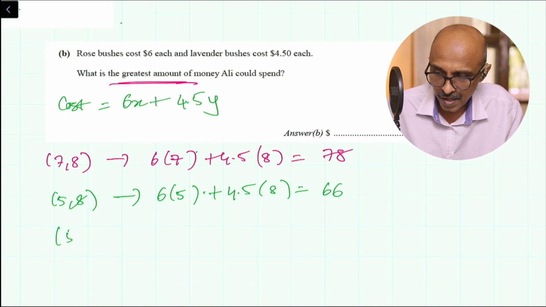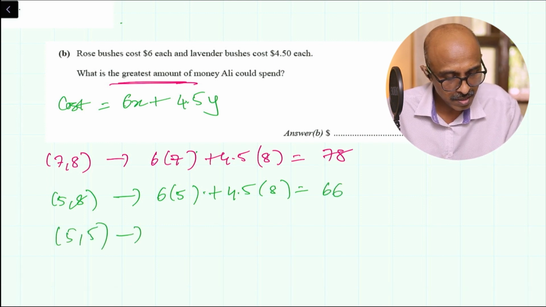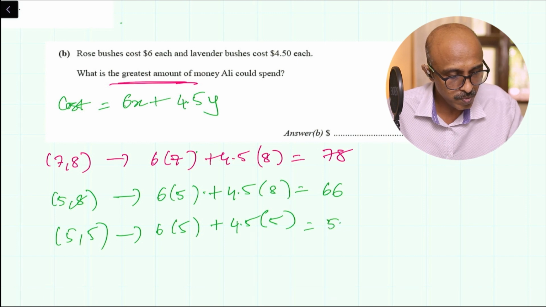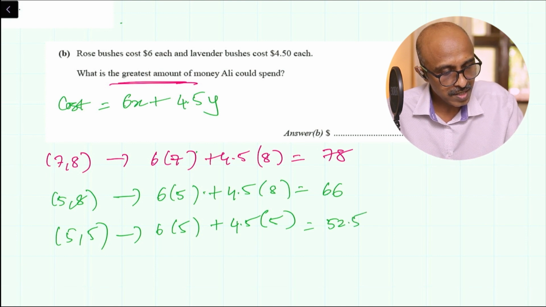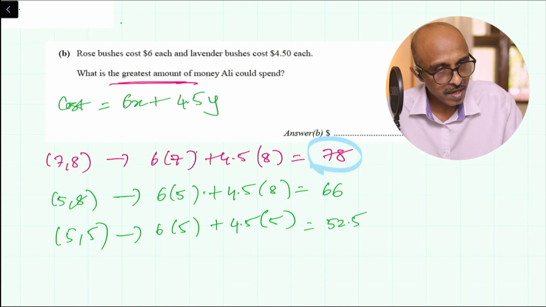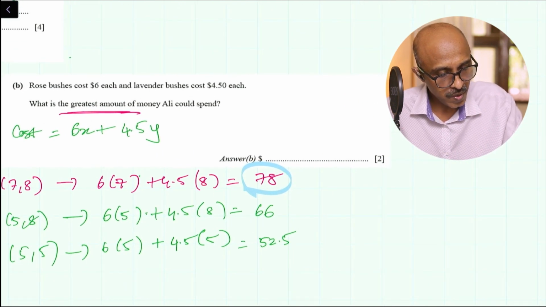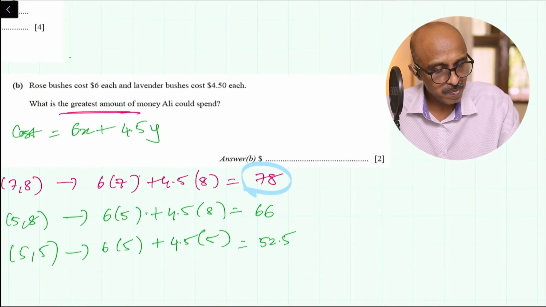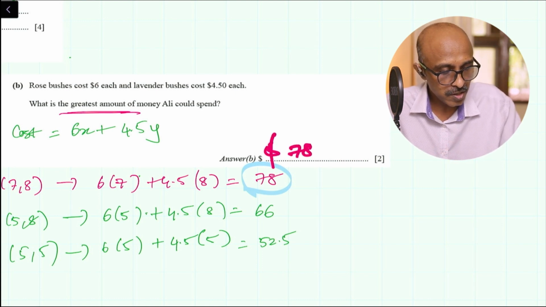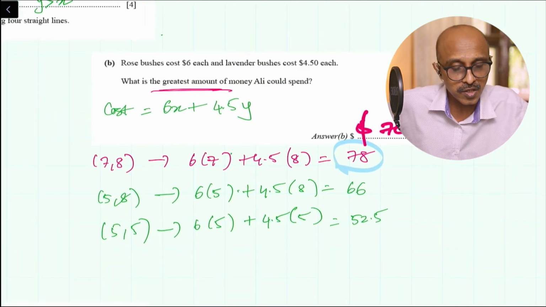And 5,5 is 6 times 5 plus 4.5 times 5, which gives us 52.5. And obviously you can see that that is the greatest amount. And so you can say that the greatest amount of money that Ali could spend in this scenario is $78. That should be the correct answer. You've shown your working, and I think you should get the full credit for that.